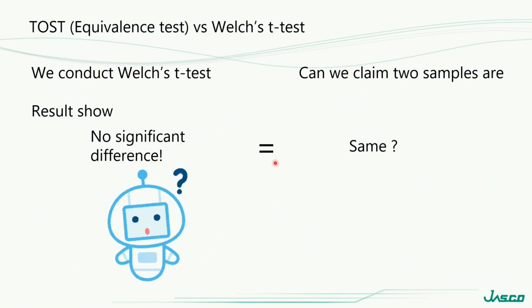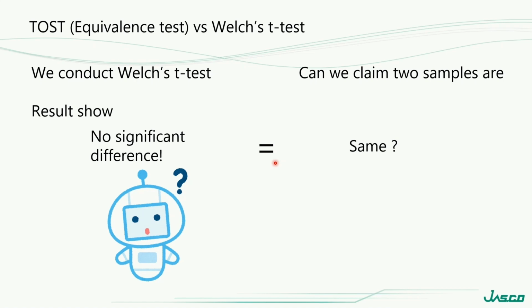And here, let's think about a p-value greater than 5%. So there are no significant differences between sample and reference. In this case, can we say that the two samples, reference and sample, are the same?